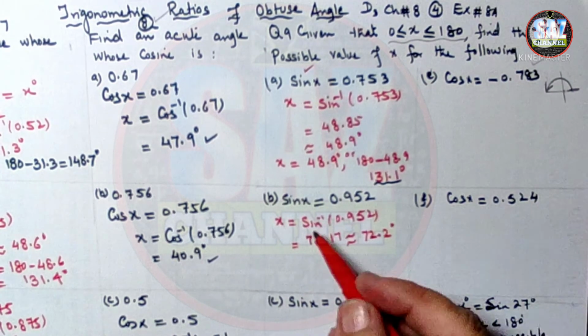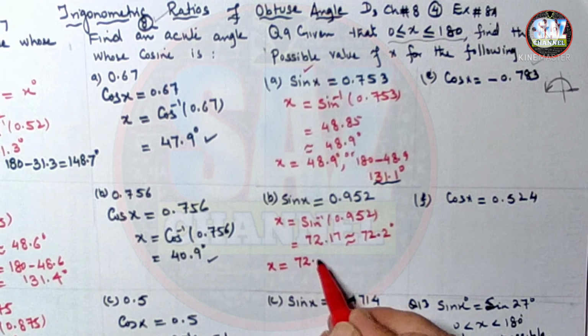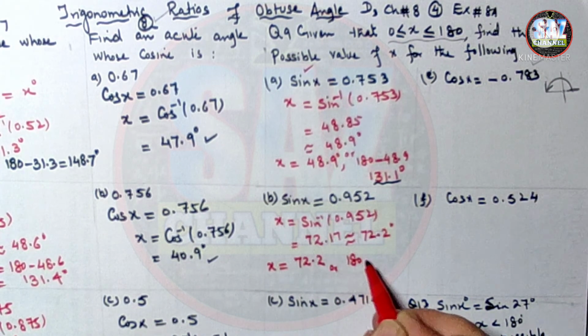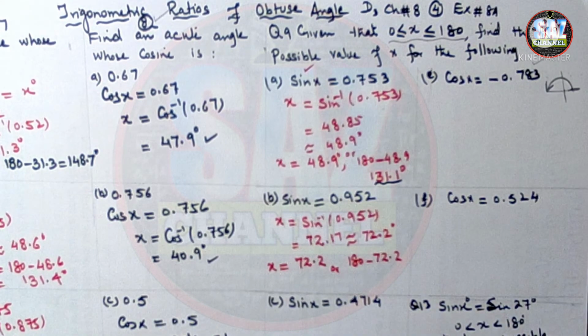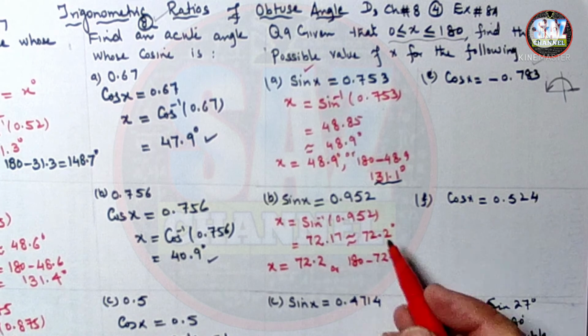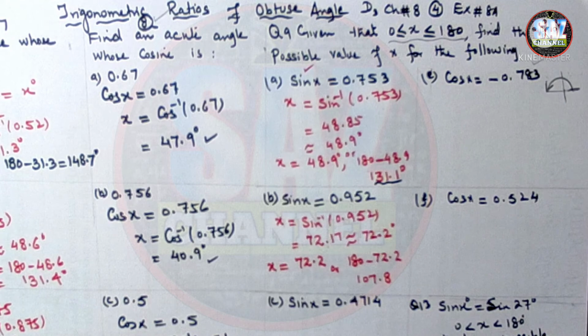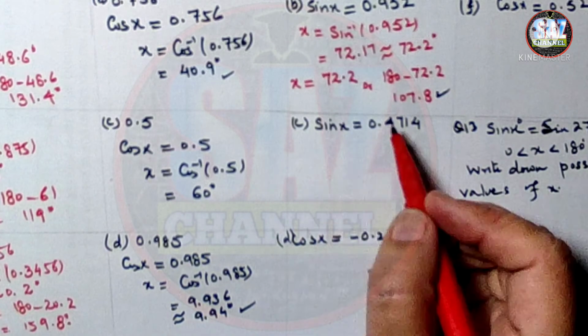Now x can take the value either 72.2 or 180 minus 72.2, and this gives me 107.8.